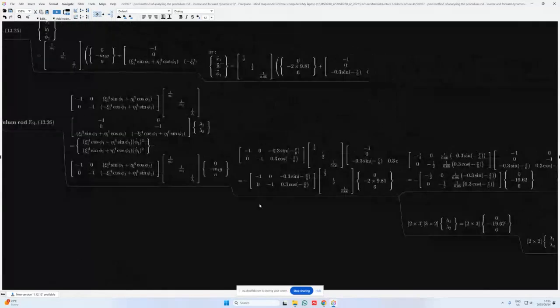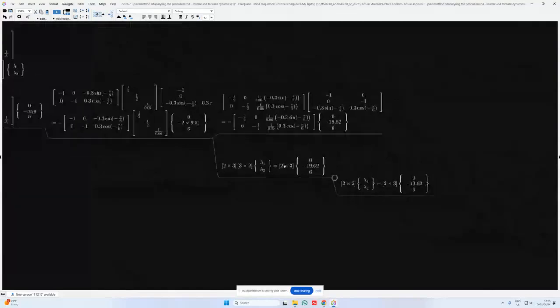We can do some simplification considering the actual sizes of the matrices, but what we end up with is a 2 by 2 square matrix multiplied by our Lagrange multiplier vector, which is equal to a 2 by 3 matrix multiplied by our applied forces vector.